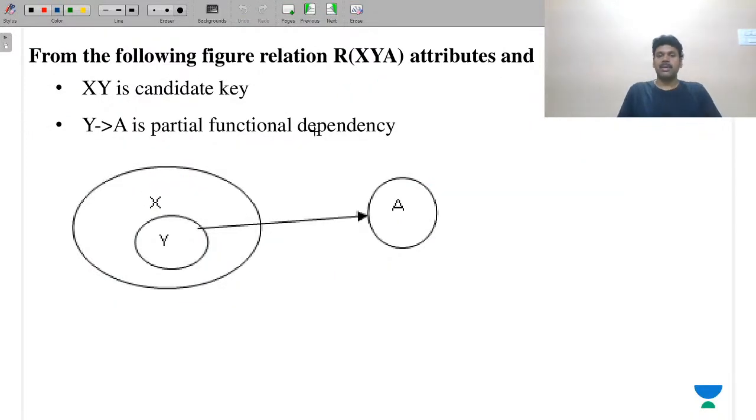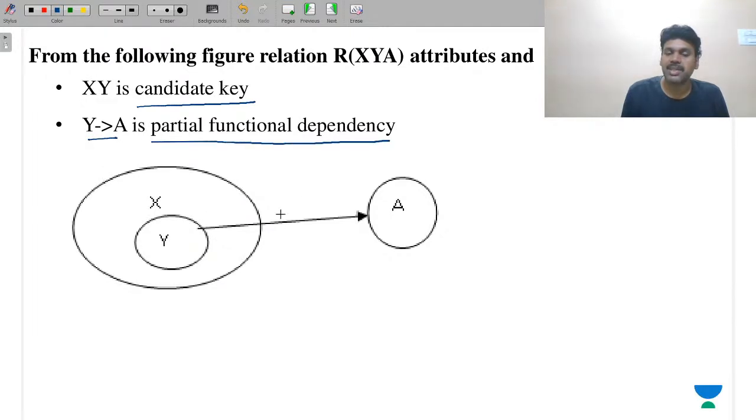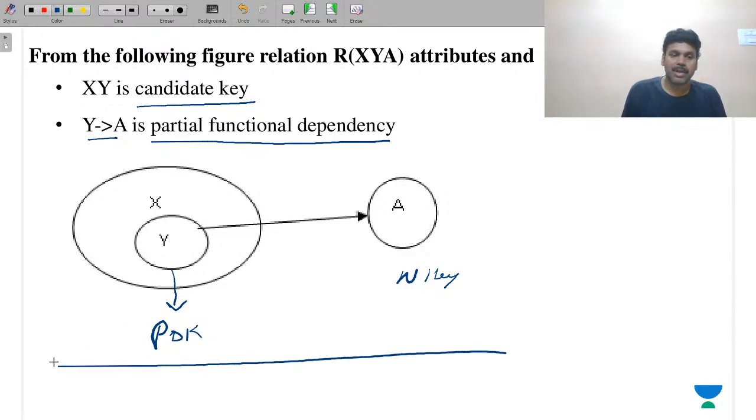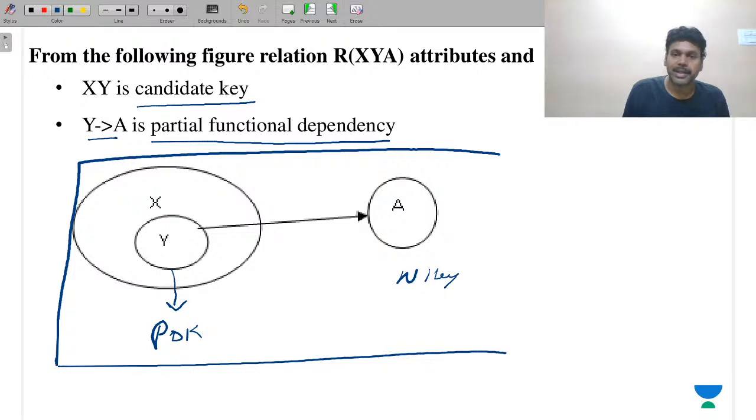See, friends, this is the diagrammatic approach to how partial functional dependency arises. You observe that let XY be a candidate key here, and X and Y imply A. I can say that it is a partial functional dependency, as A is a non-key here which depends on part of the key. Whenever you have this kind of situation in your schema R, we can say that it is partially functionally dependent.